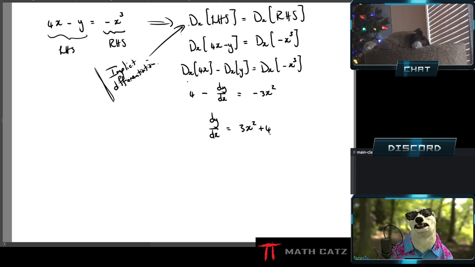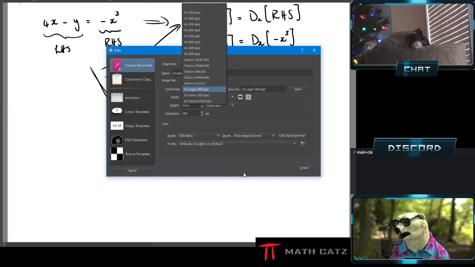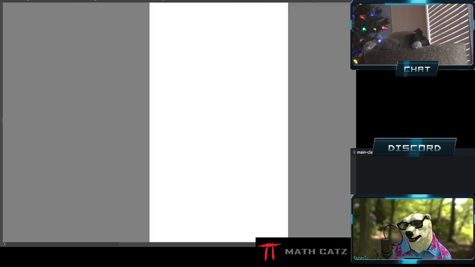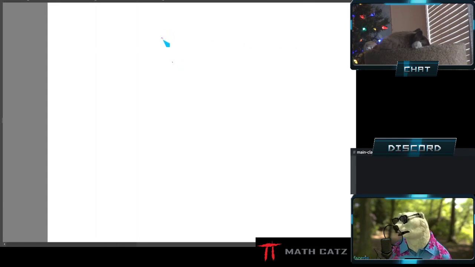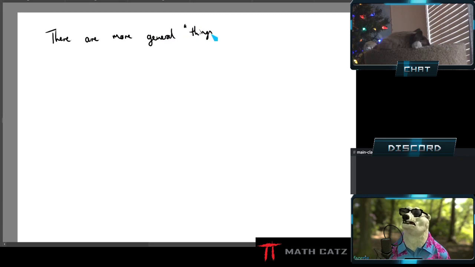Implicit differentiation. Let me just see my space here. I have some space, but I don't need to use it. Just make a new page. So, like I said, there are more things than just functions. Let's write that down. We are not really spending too much time with these things, but there are more general things than just functions.